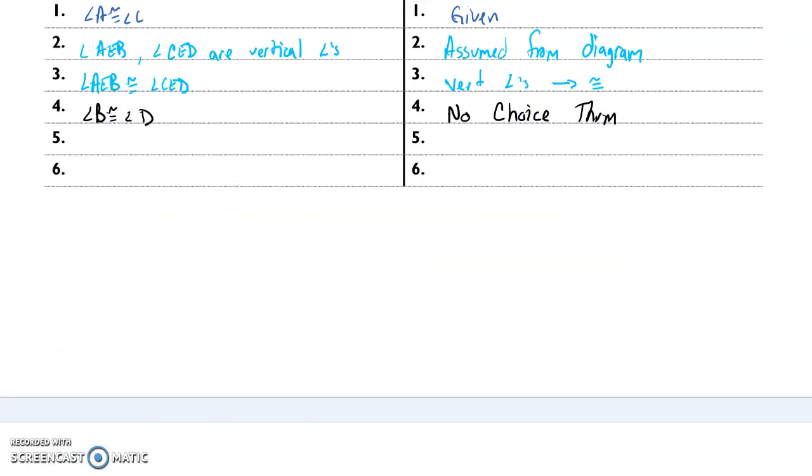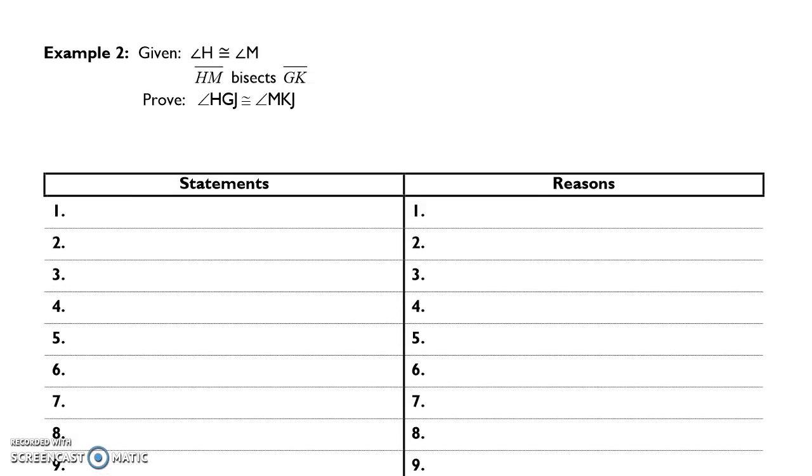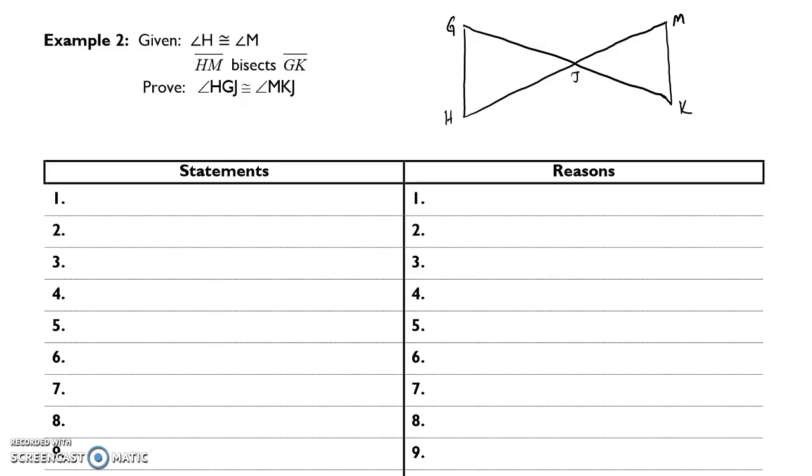All right, let's take a look at the next page here. Again, I don't have the diagram, so I'll draw that for you here in a moment. And there it is. So, given angle H is congruent to angle M, given that segment HM bisects segment GK, that means GK is the one that's getting cut in half.